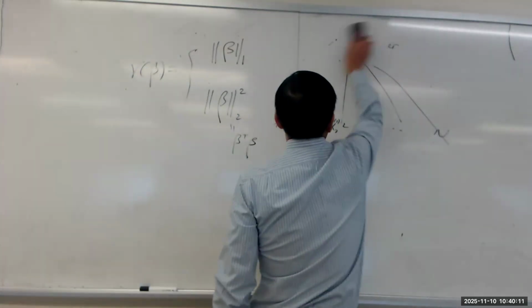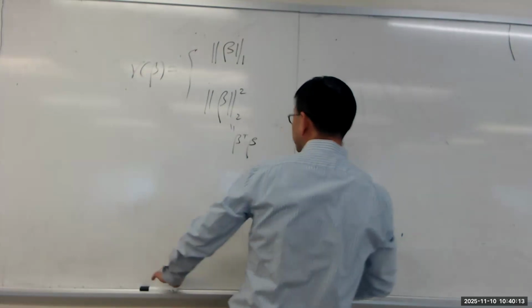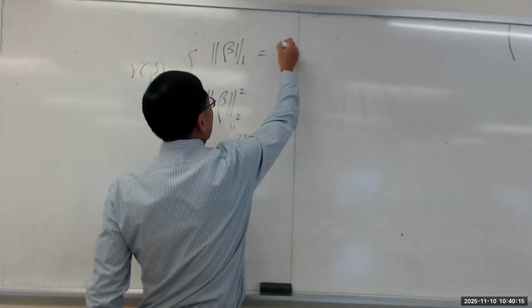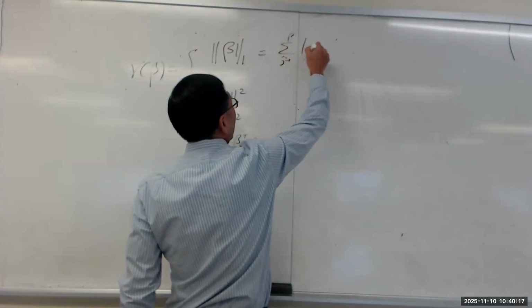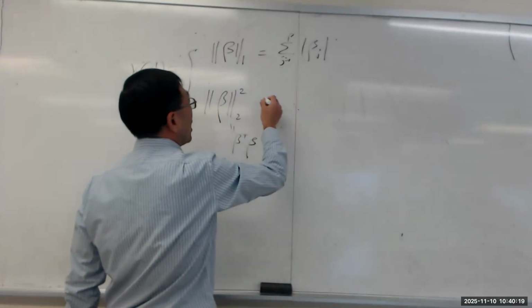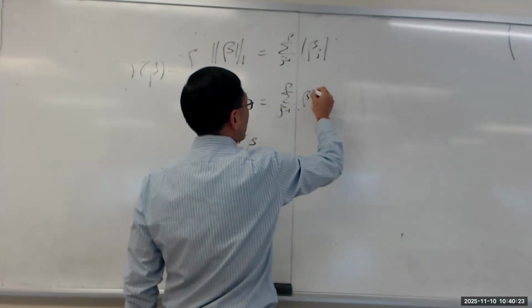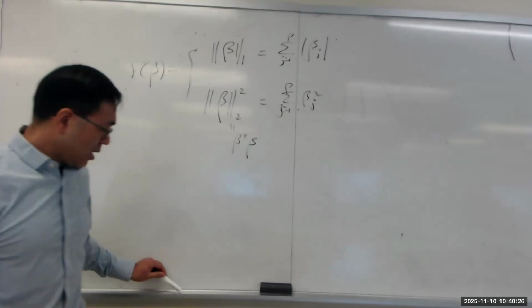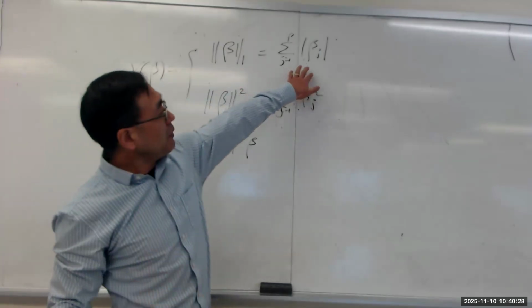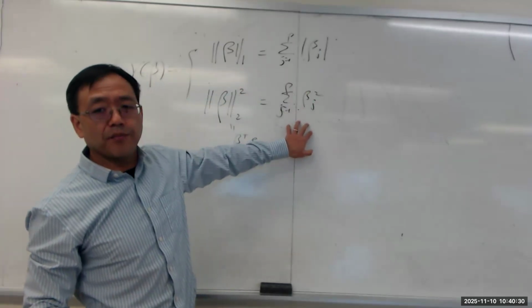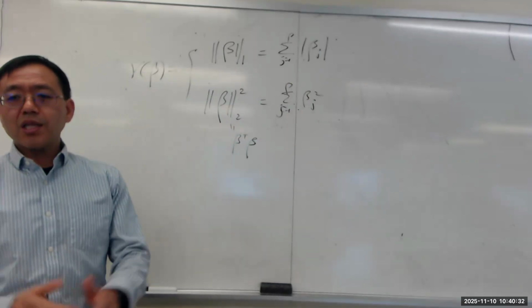So L1 is the summation over j from 1 to p of the absolute value of β_j, and L2 is the summation over j from 1 to p of β_j squared, the sum of the squares. You can see they're both positive.